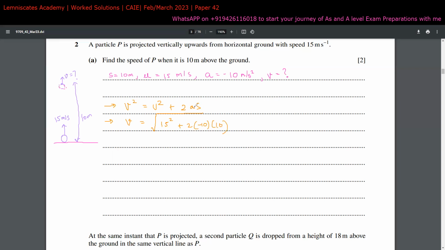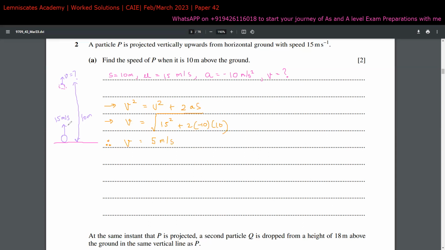This minus 10 is for the acceleration due to gravity, and this 10 is the distance that it's going to travel. If we find out the value of v from our calculator, let's see what we get. Here is my calculator, and we are given the square root of 15 squared plus 2 times minus 10 into 10. The value comes out to be 5 meter per second.